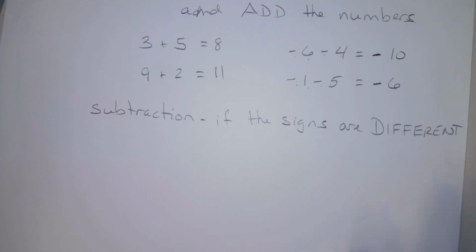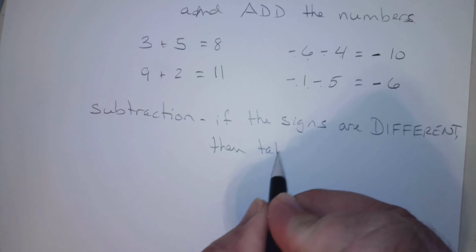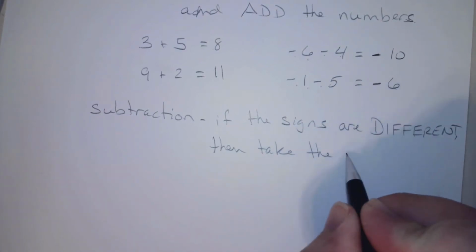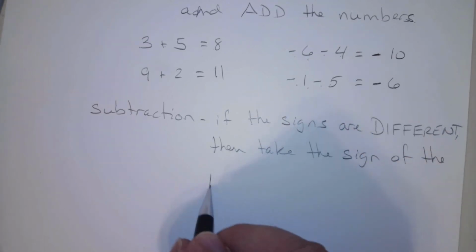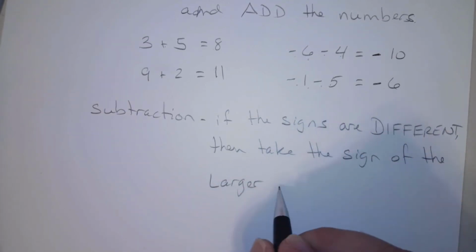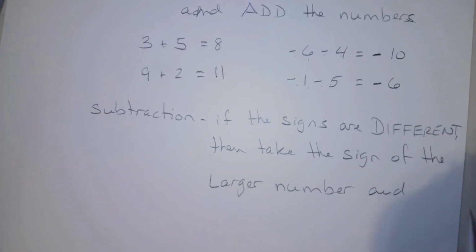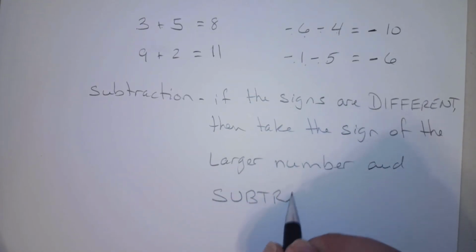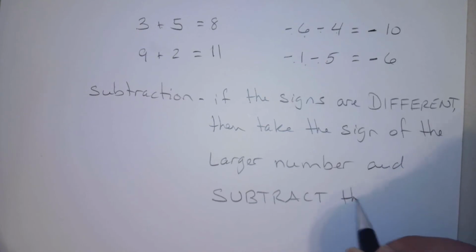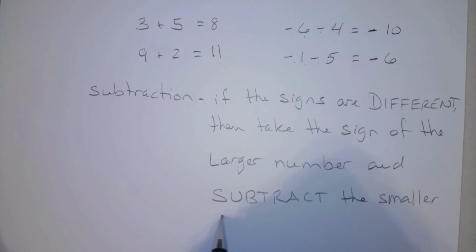If the signs are different, then take the sign of the larger number and subtract the smaller from the larger.